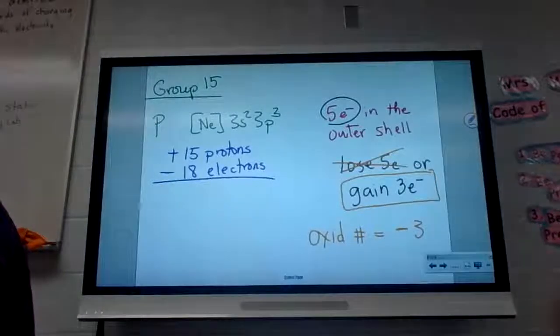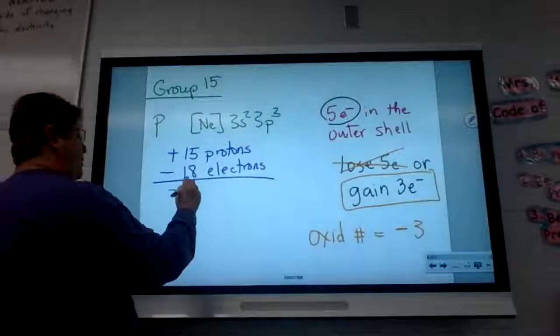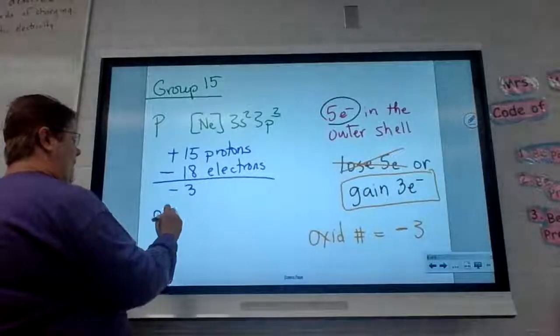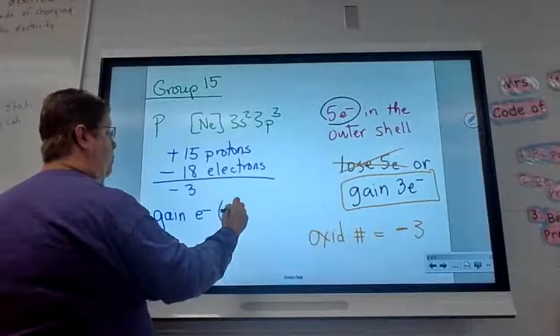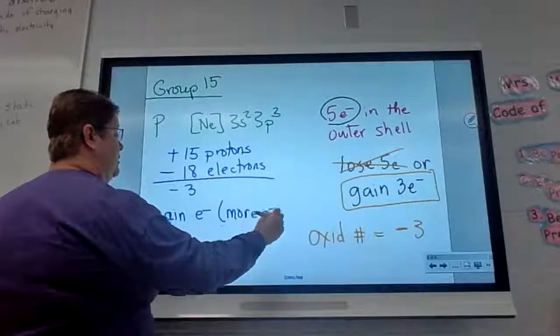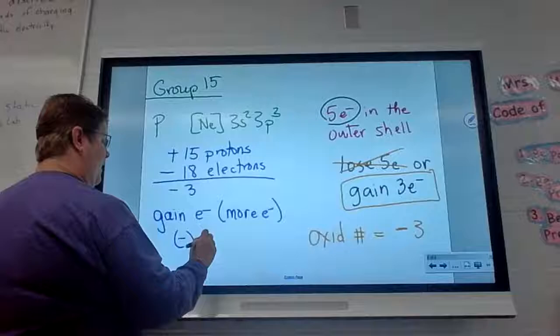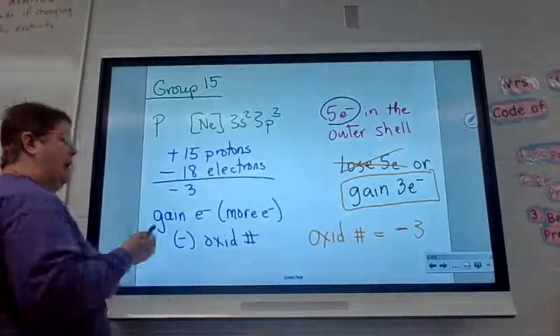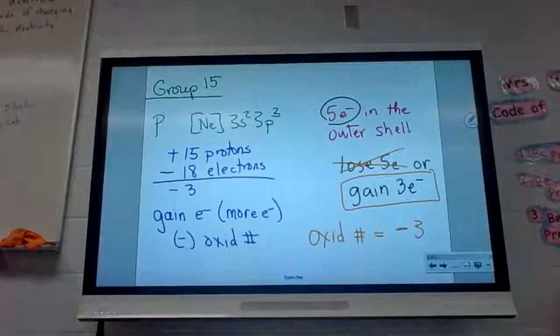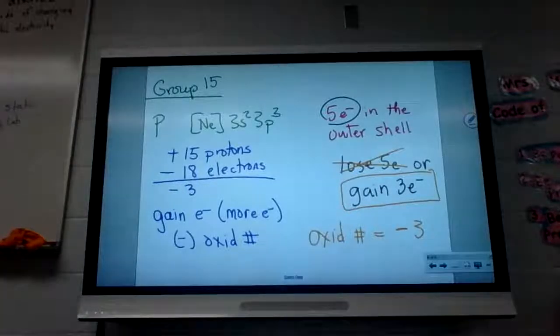What do you get? You get a -3. Okay, so when you gain electrons, that means there are more electrons, so you end up with a negative oxidation number. Anytime you gain electrons, there are more negative charges, so you're going to be a negative oxidation number.